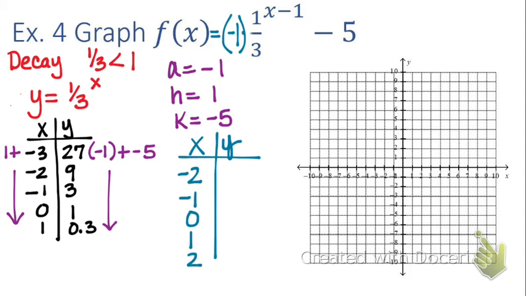Okay. So -27 minus 5 is -32, which is, again, too high, so we're not going to graph that. -9 minus 5 is -14. -3 minus 5 is -8. -1 minus 5 is -6. -0.3 minus 5 is -5.3.